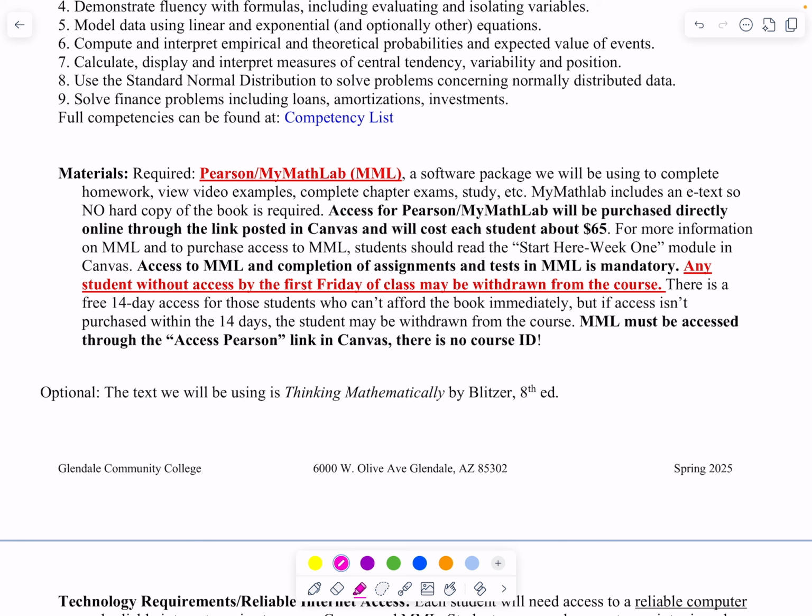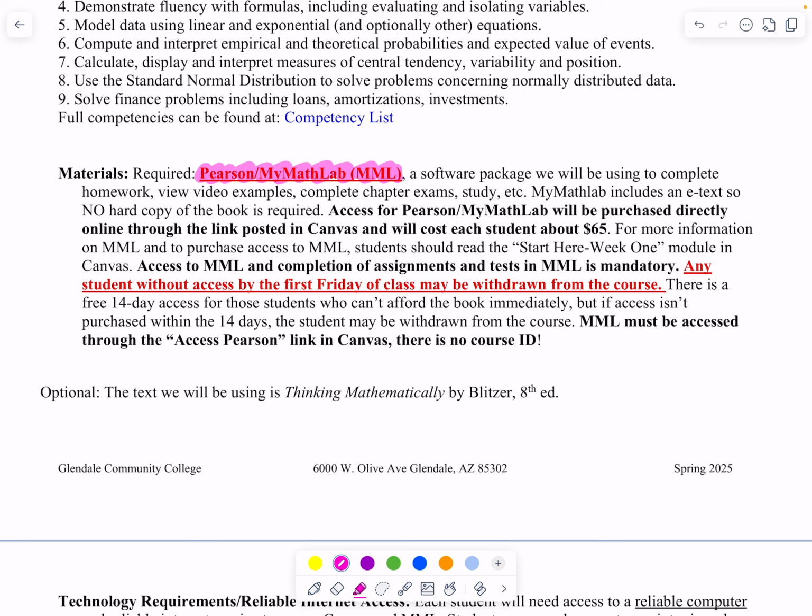But you're going to practice the material by doing homework, and that homework is going to be done in what we call My Math Lab. It's a Pearson product. It is a software package that includes homework, chapter reviews, and we're even going to take our chapter tests using My Math Lab. So it is important that every single one of you get access to Pearson's My Math Lab as soon as possible.